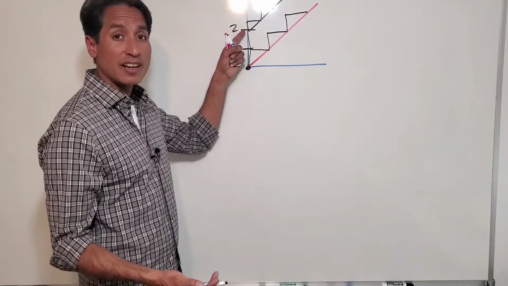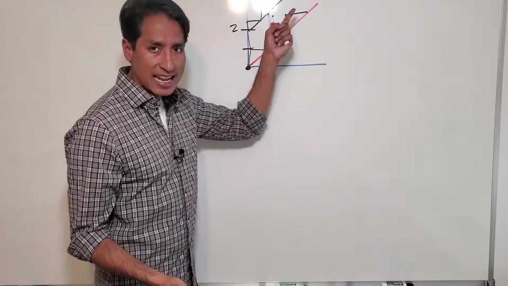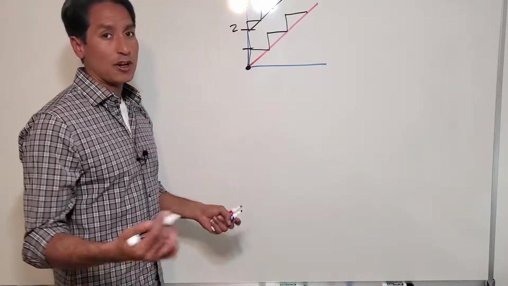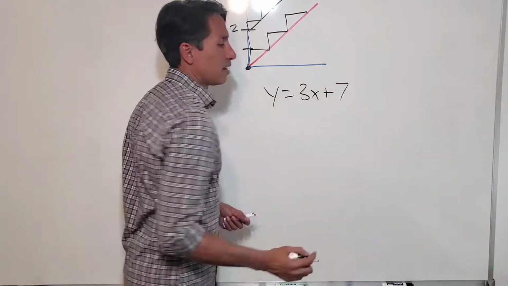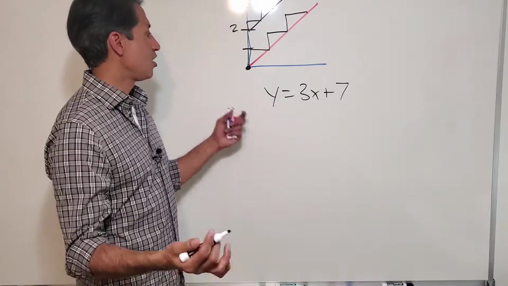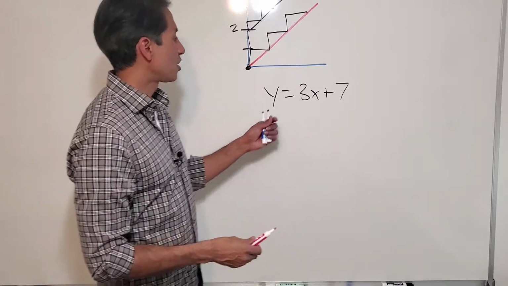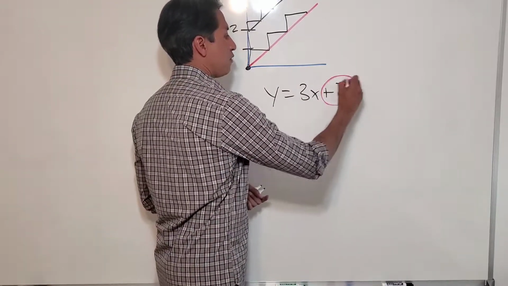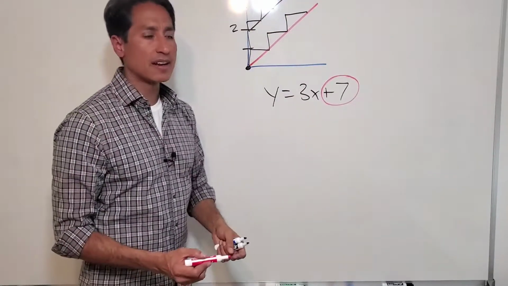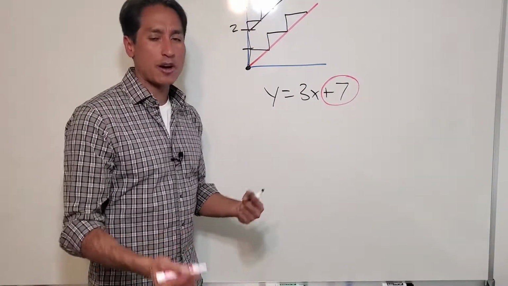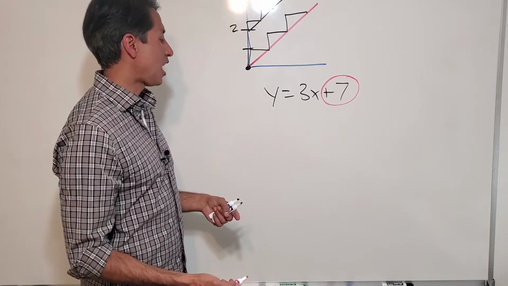Anything that doesn't start at the origin does not have direct variation. If you're given a formula, y equals 3x plus 7, does this have direct variation? No, because in order to graph this, I have to move up the y-axis to 7 and then start drawing my line. And again, this gets back to quick graphing and stuff that we've already done in the chapter.